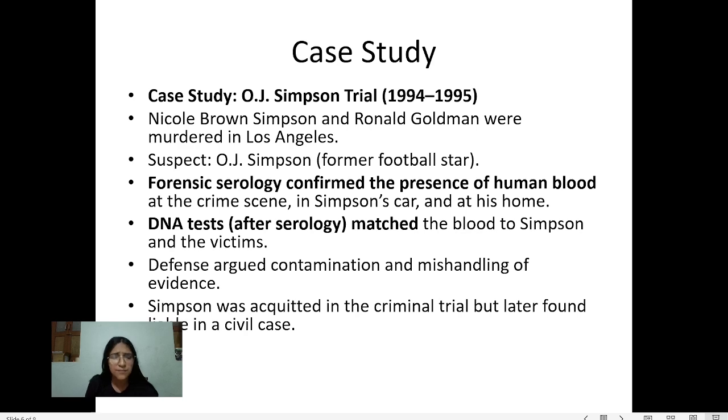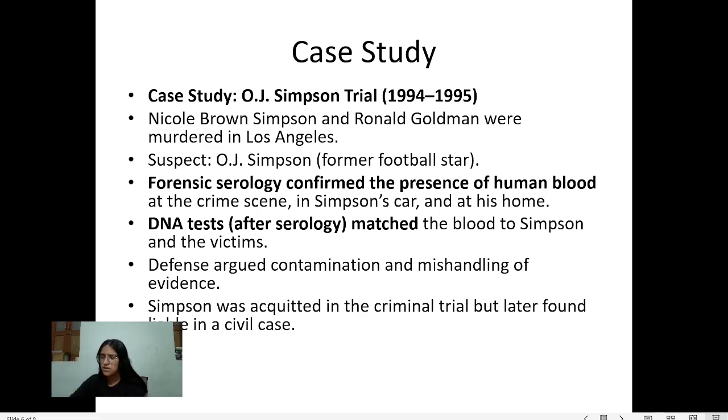The important evidence from this case was the blood stains. Blood stains were found at multiple locations: at the crime scene, in Nicole's house, inside Simpson's car, and also at Simpson's home.